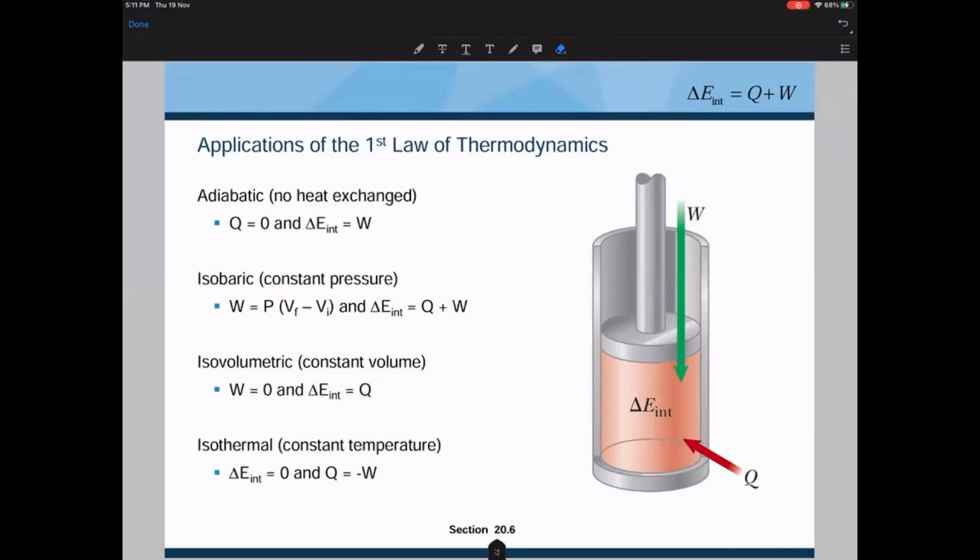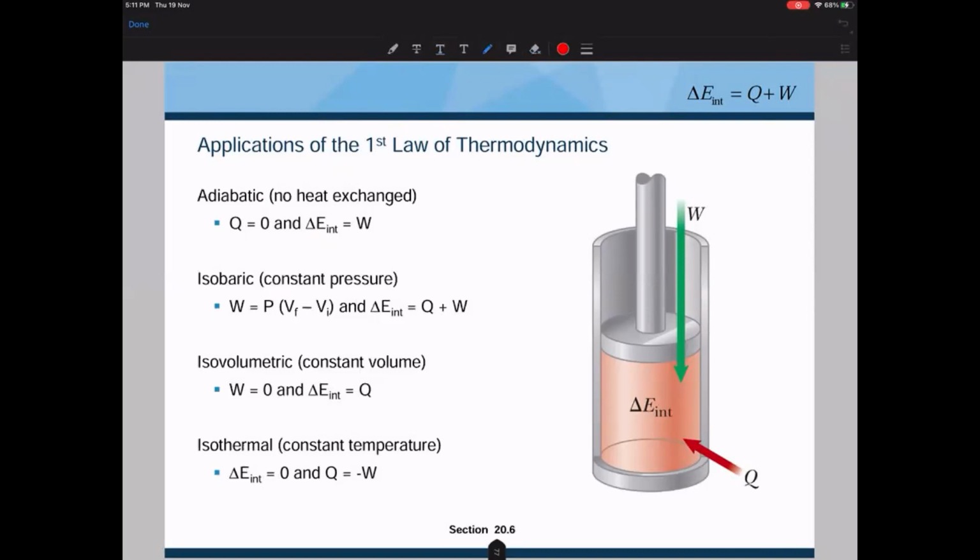And in order to do so, we step backward and understand some special single step processes. And these are 4 important single step processes, if you like, under the first law of thermodynamics.